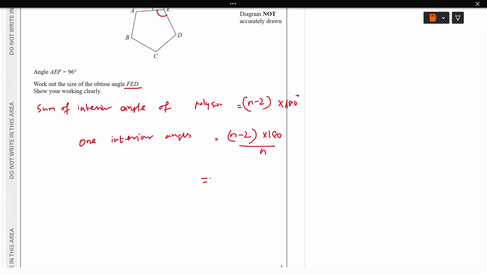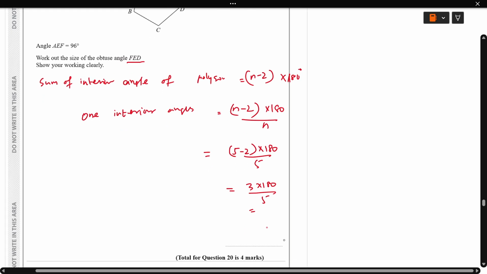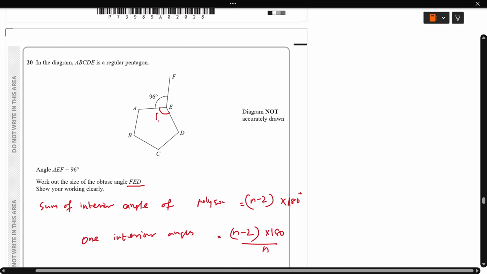Here we have a pentagon with 5 sides, so 5 minus 2 times 180 over 5, which is 3 times 180 over 5. The answer is 108.